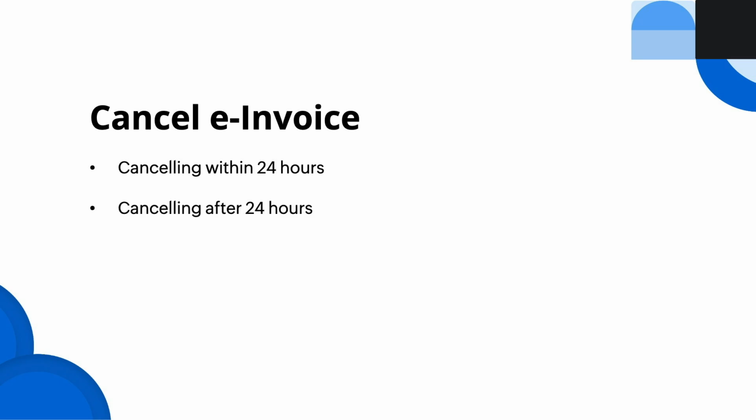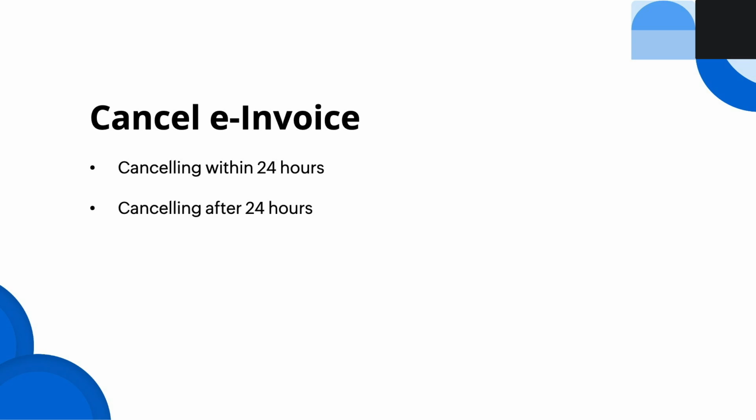So what do we do? As per the e-invoicing mandate, the important details like your customer's address or the GST number, those details that will be validated by the government, you will not be able to edit once the IRN is generated.